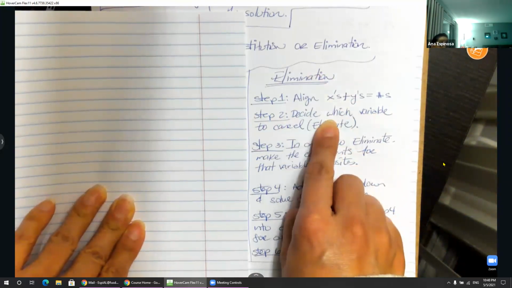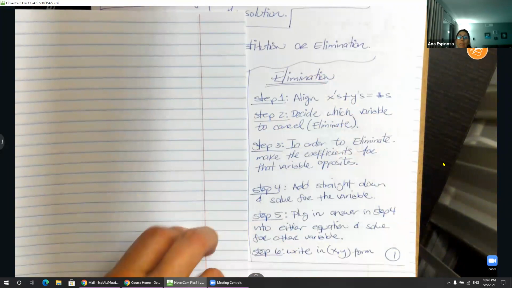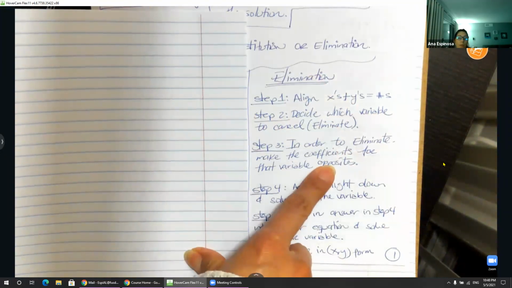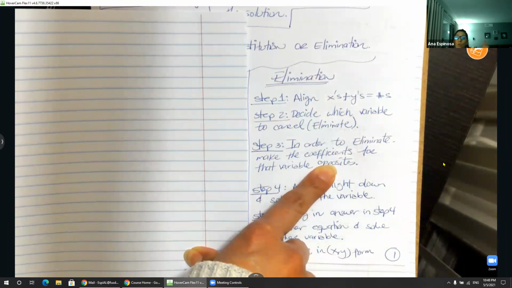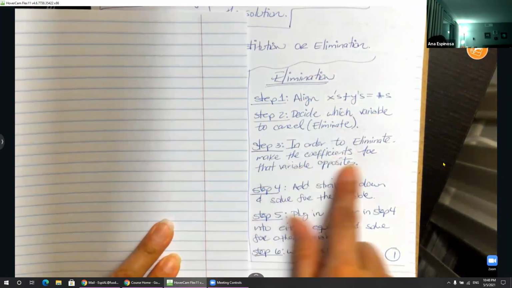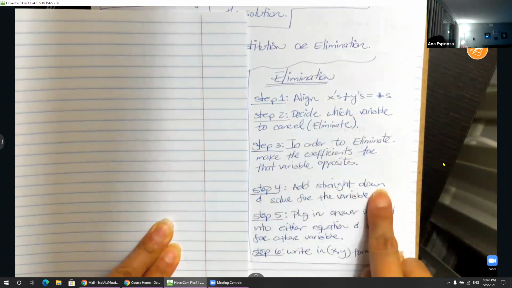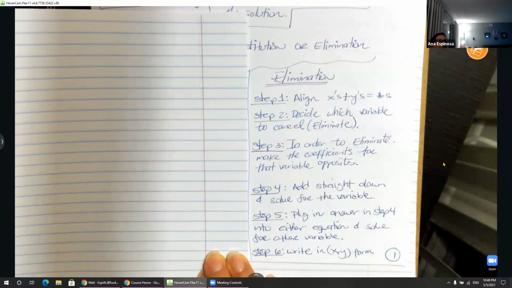Step 2 is to decide which variable you want to cancel or eliminate, which is why it's called elimination. In order to eliminate a variable, the coefficients have to be opposites of each other. Opposites means same number, different sign. So 5 and -5 are opposites of each other. 2 and -2 are opposites of each other. So you have to figure out what to do to make them the same. Once you do that, then you add straight down and you will see clearly that you'll get automatically like x equals 5, whatever.